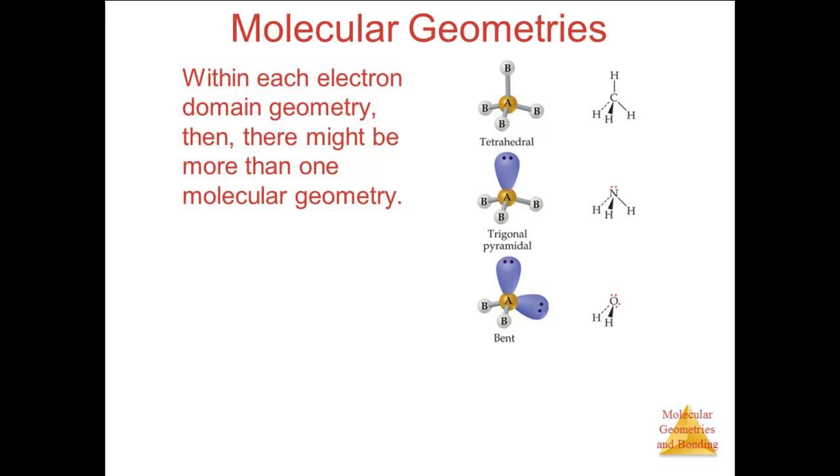This means that there may be several molecular geometries possible for each electron domain geometry. The example given shows the 3 molecular geometries that have a tetrahedral domain geometry. We will return to this later.